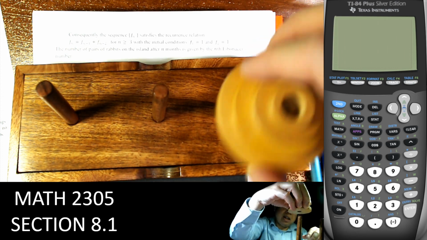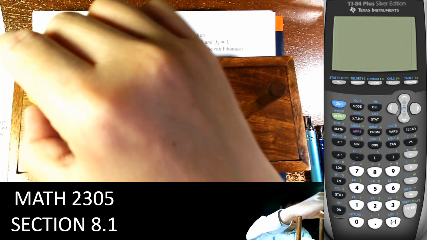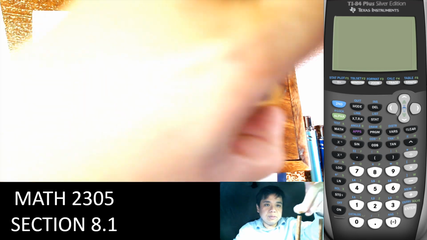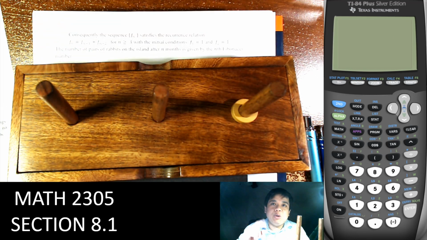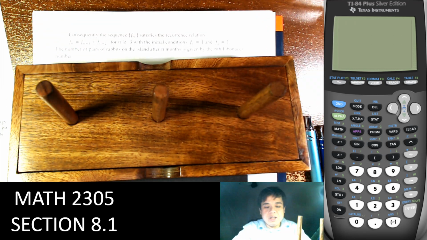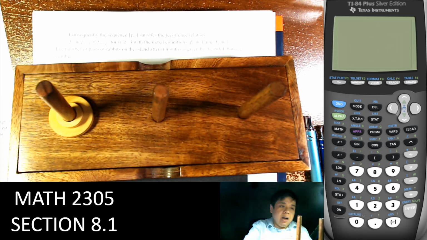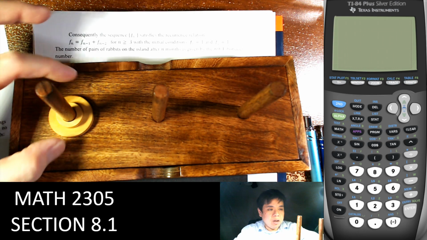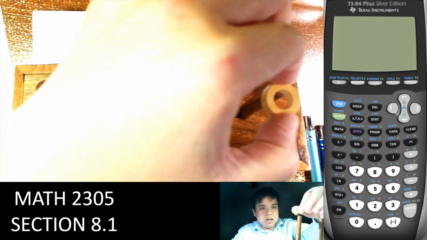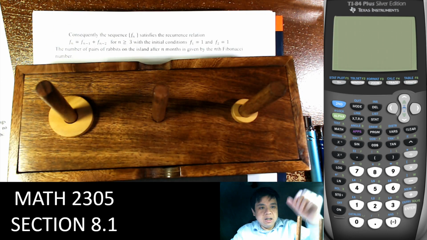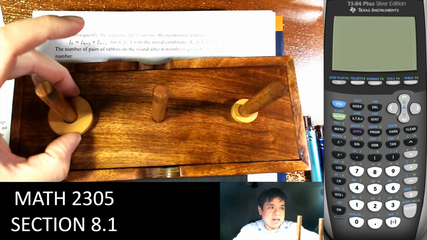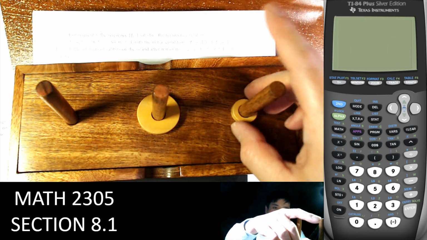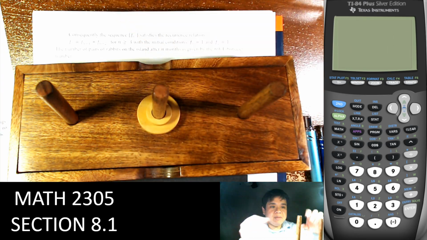Now let's take a look. In the simplest case, if we have one disc, that could be it, one move. If we have 2 discs, we want these 2 discs to go to the 3rd peg right there, but we have to keep the smaller one on top and the bigger one at the bottom. If we move this directly like this, it's not going to help, because in that case we would have to move this, and we didn't accomplish that.